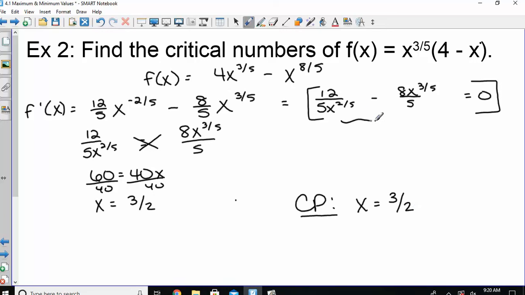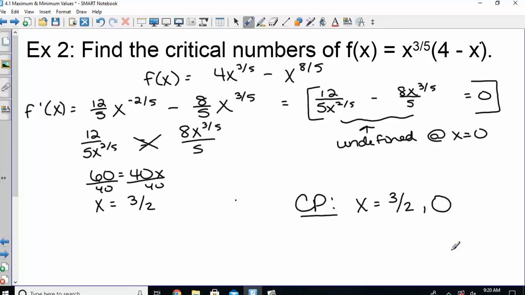Looking back at this, is there anywhere the derivative doesn't exist? Is there some value of x that would make this undefined? 0, right? If you plug in a 0, you get 0 on the bottom of a fraction. So that is also a critical number.